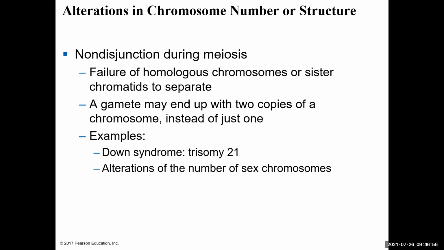Now, some issues that can come up with chromosomes is that there can be alterations in chromosome number or structure. Non-disjunction can happen during meiosis where you don't have the chromosomes separate appropriately.